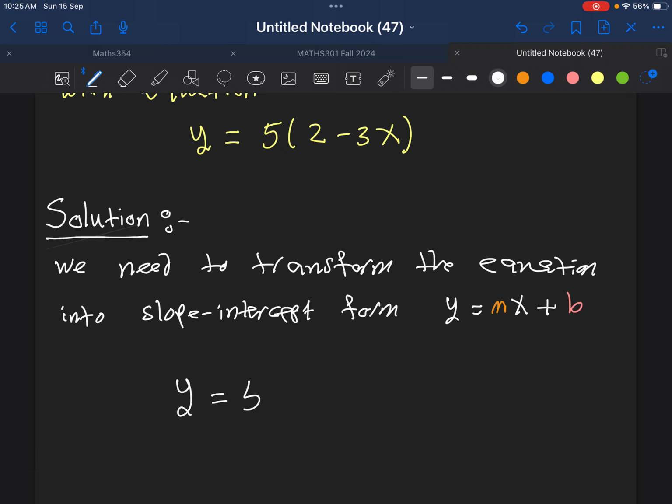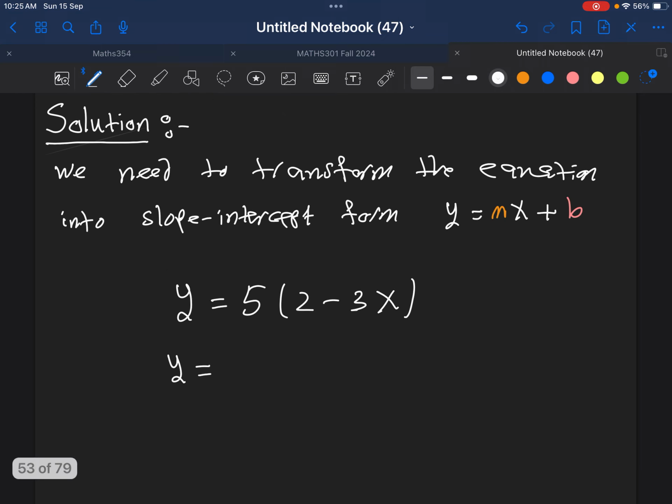Now, what is the equation? The equation is equal 5 to negative 3x. So the first step, y is already separated. That's good news from the question. It's on one side. Now you need to find what number is in front of x and what number is alone. So how are we going to do that? We multiply. So we get 10 minus 15x.